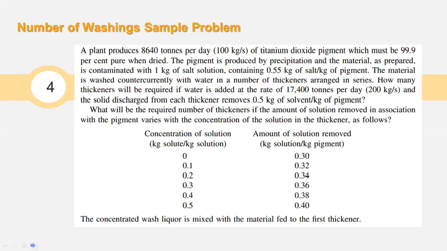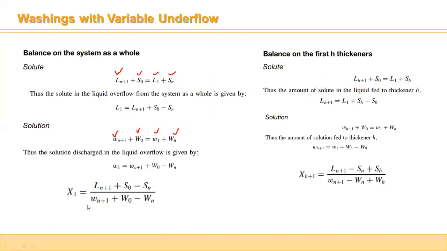Okay, where was I? Sorry. Okay, so we have that. If you balance on the first H thickener, or if I may replace this H by I, as I mentioned a while ago, if you balance on the first I thickeners, meaning not including the final end thickener, so this is how you balance it.